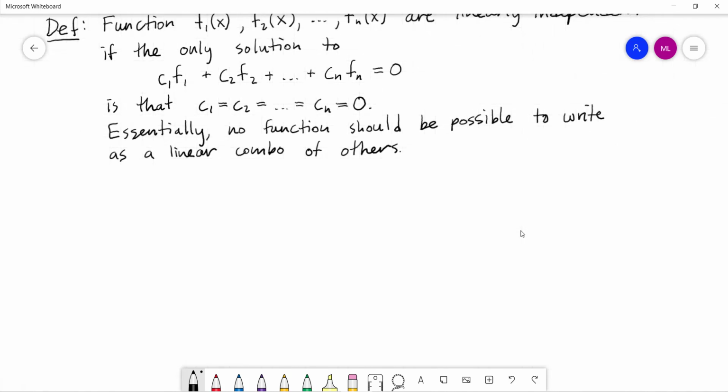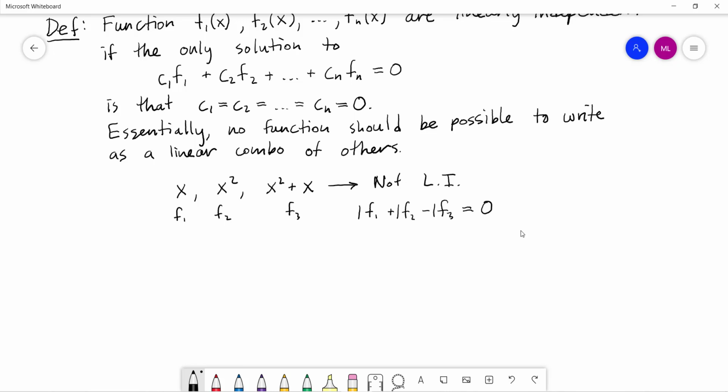So maybe this will be more clear. If I had a couple of functions, if I had x squared, and the function x squared plus x. These are not linearly independent, so this is my f1, f2, and my f3. I'll just abbreviate it Li, because I could take f1 plus f2 minus f3 and get 0, where these coefficients are basically a 1 and a -1.